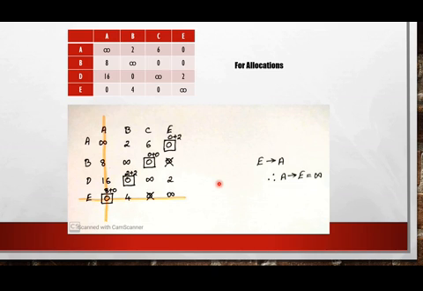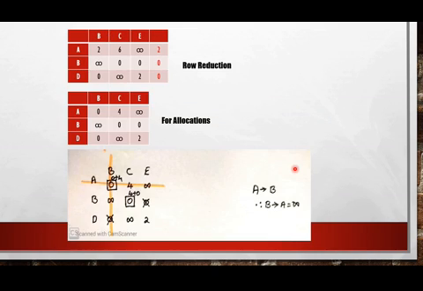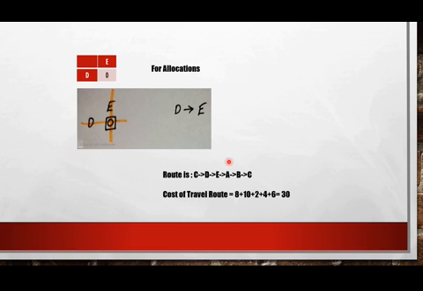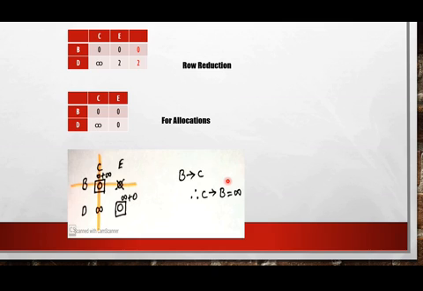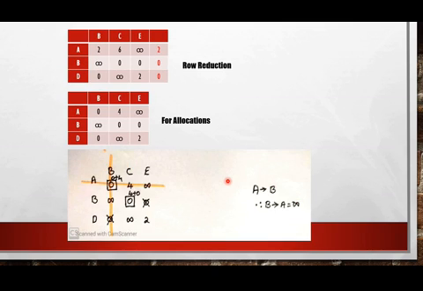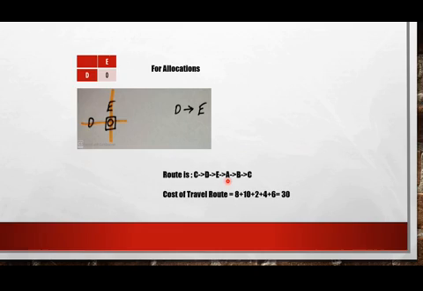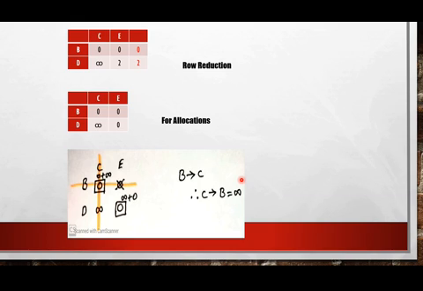E to A. You see here, I am moving from E to A. So after moving from E to A, from A, where am I going? A to B, right? So from A, I am moving on to B. From B, where should I go?